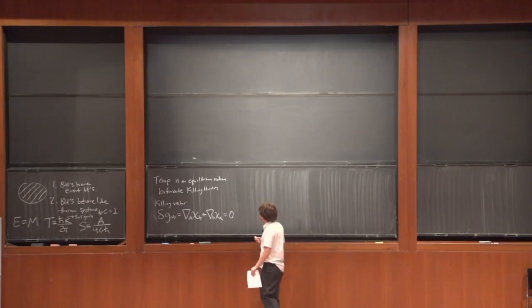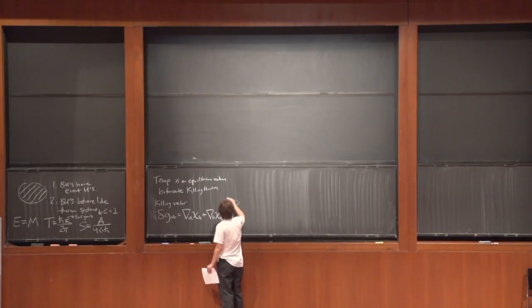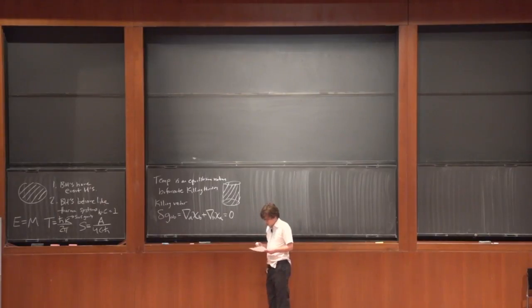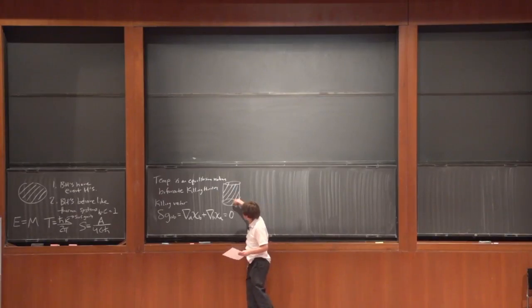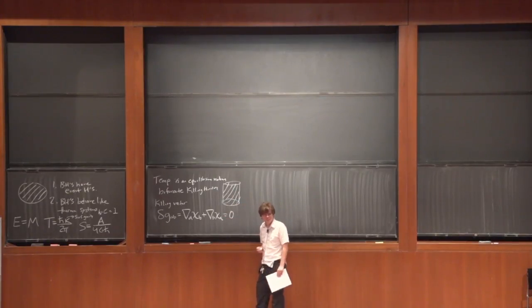For example, for a rotating black hole, like Kerr, the main symmetries we want to think about are the time translation and the angular symmetry that pushes it around.